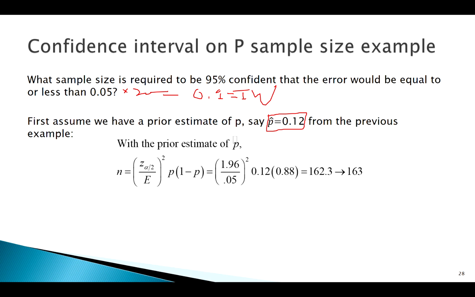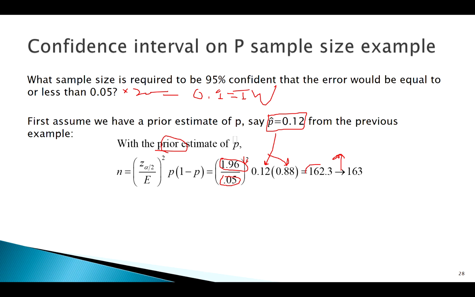So let's say we had that prior estimate of P hat, 0.12. If I want to be 95% confident, I'll use 1.96 as my critical value. The margin of error I'm interested in is 0.05 squared, and then plugging in that 0.12 for P hat. This is assuming that we have some sort of prior information. Do the math, 162.3. We always want to round up when we're working with sample sizes, so that gives us 163.